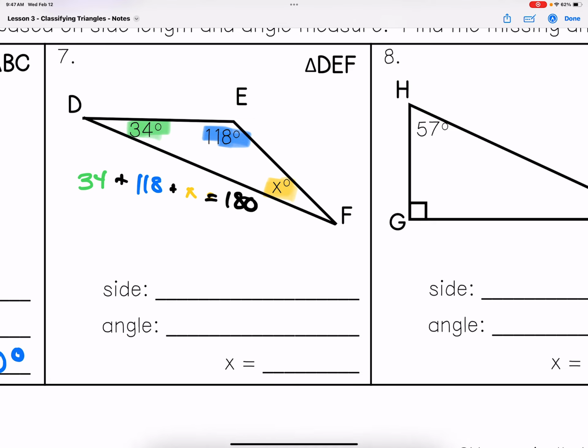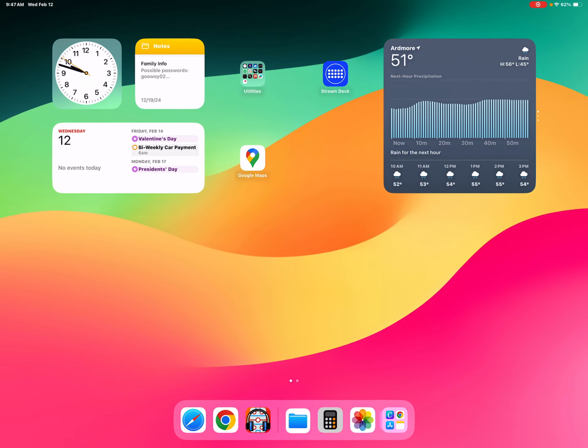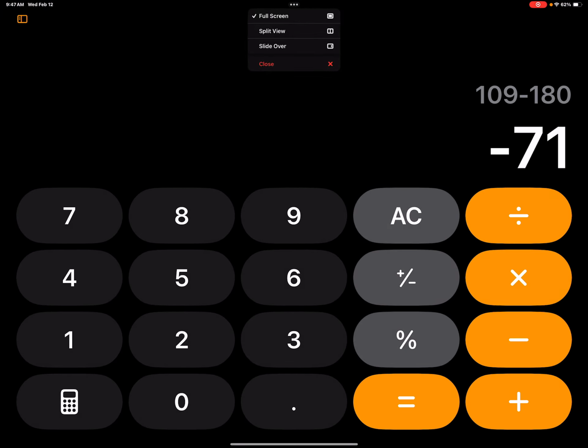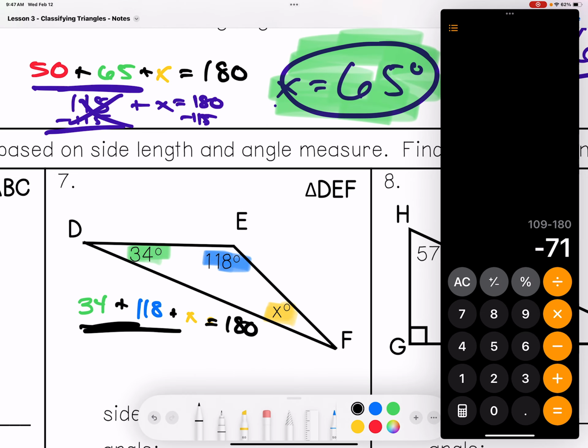And then the same thing we've been doing. Add those two up, which I know you would use your calculator, so I'll use it with you. So I'll go 118 plus 34 is 152. So 180 minus 152 is 28.